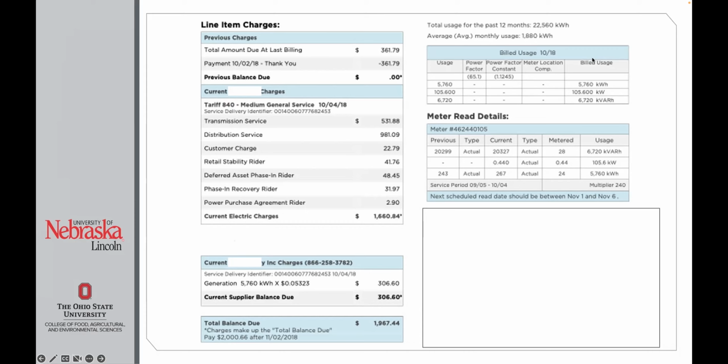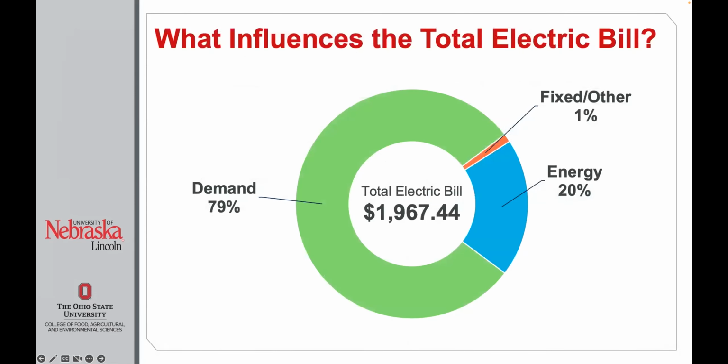We're going to walk through this bill and try to understand how they got to this total balance of $1,967. Now, at a high level, if you do the breakdown of this, essentially 20% of this bill is based on energy charges, and that's really what we're focusing on today.